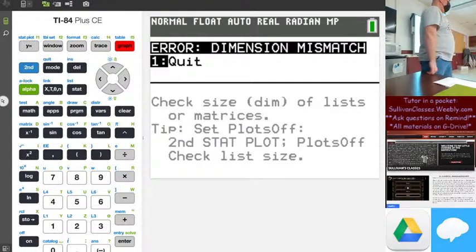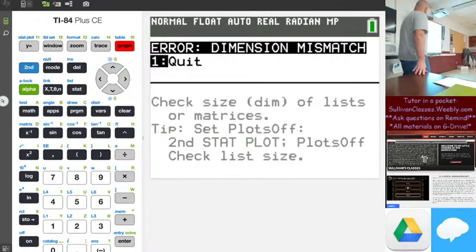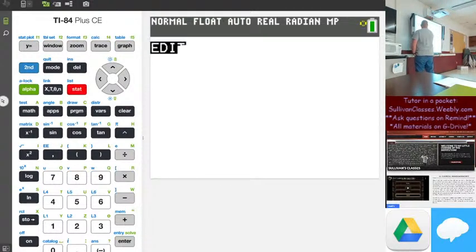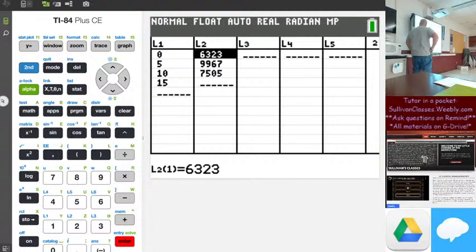Read what it says. Dimension mismatch. The size of dimension of lists or matrices. My lists are not the same dimensions. They're not the same size. So I need to go back to my list and see if it's trying to match 15 with nothing.